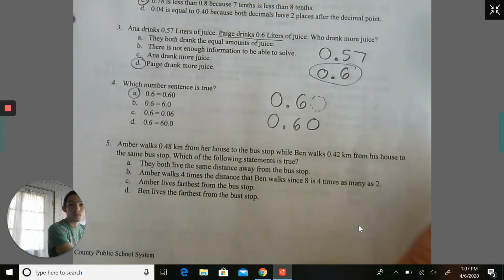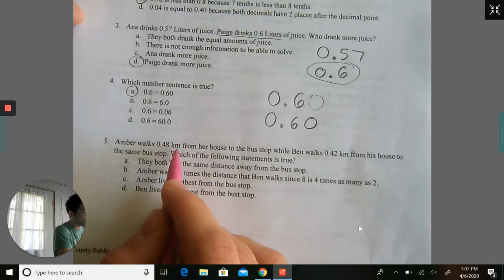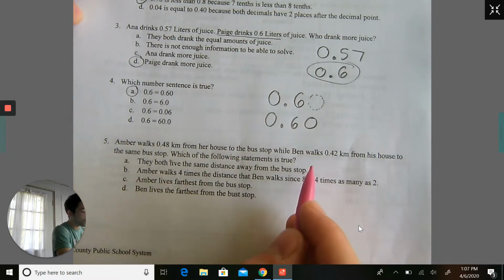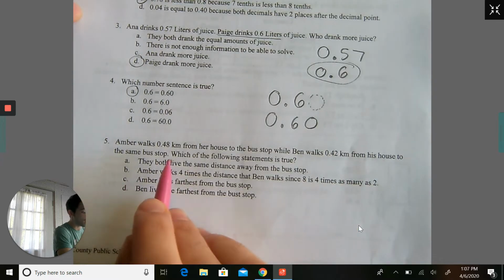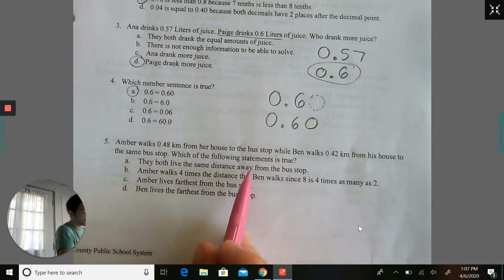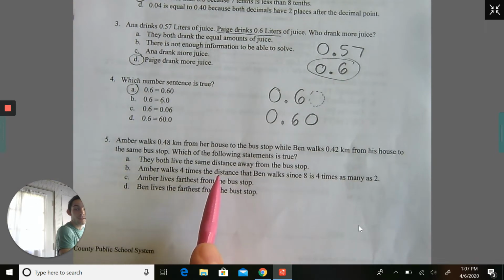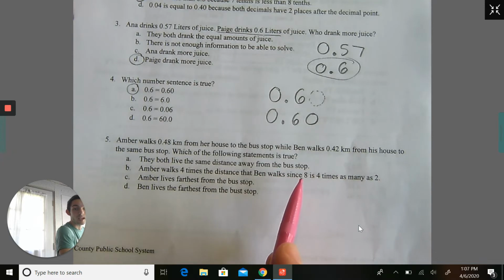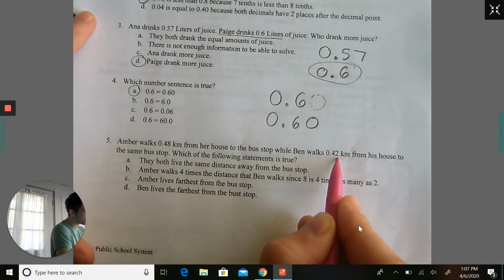Down here, number 5, Amber walks 48/100 of a kilometer from her house to the bus stop, while Ben walks 42/100 of a kilometer from his house to the same bus stop. Which of the following statements is true? Is it that they both live the same distance away? Amber walks 4 times the distance that Ben walks, since 8 is 4 times as many as 2, referring to their hundredths place.